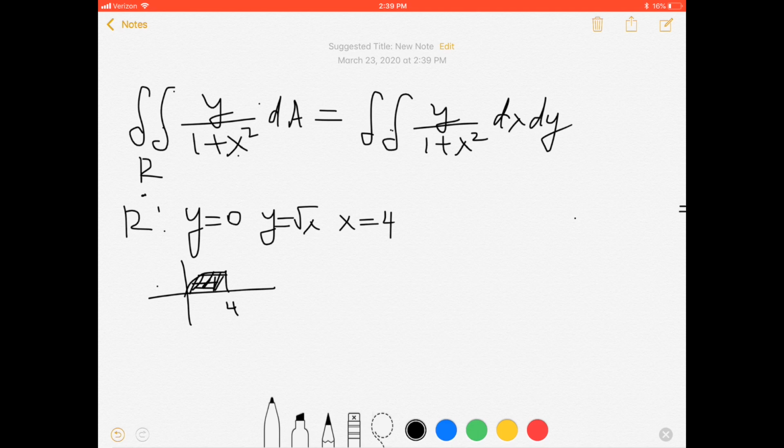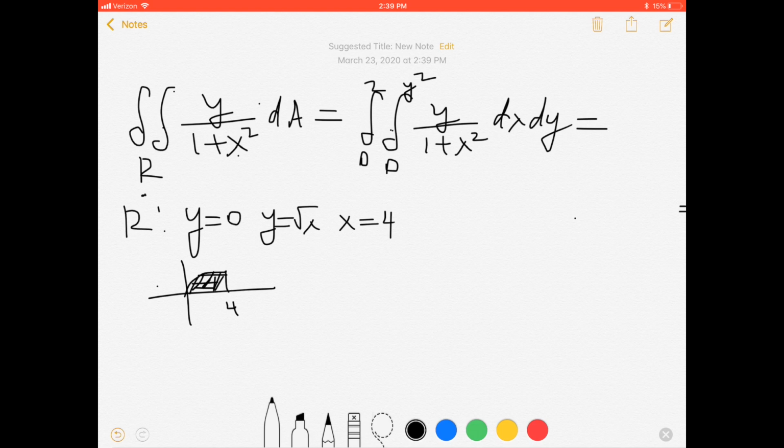X is changing from 0 to y squared, right? Because x equals y squared. How is y changing? Y is changing from 0 to 2.